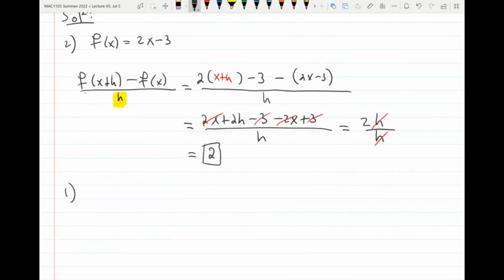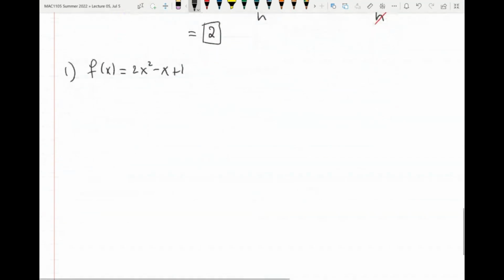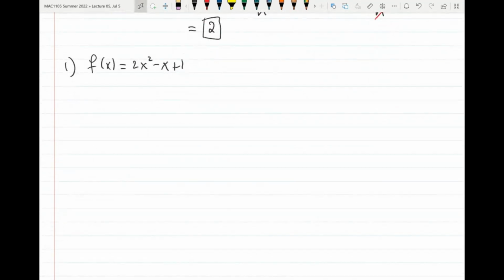So do number 1. We do number 1, and then I'll let you do number 3. Now this one is slightly tedious, but that's life. Not everything is nice. Okay. So f of x plus h minus f of x over h. Now we plug in, so just be careful.